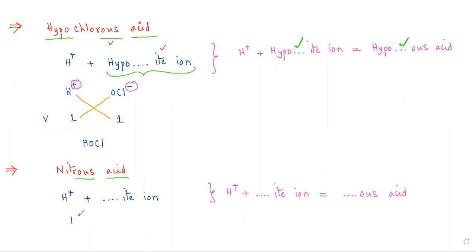Come on, H plus. And the formula of nitrite is NO2 minus. Here you need to be a little cautious because there is something called nitrate with one more oxygen. Nitrite is NO2 minus, nitrate is NO3 minus, right? Now the valence is 1 here, 1 here.